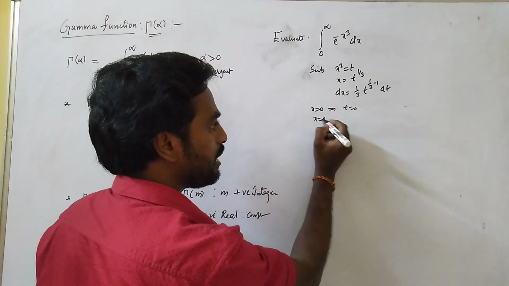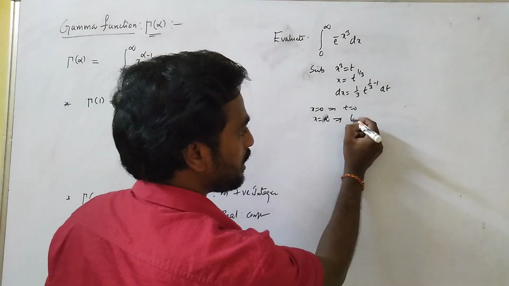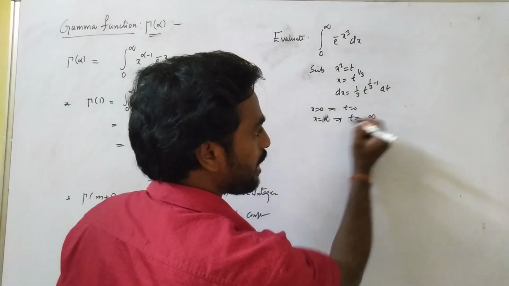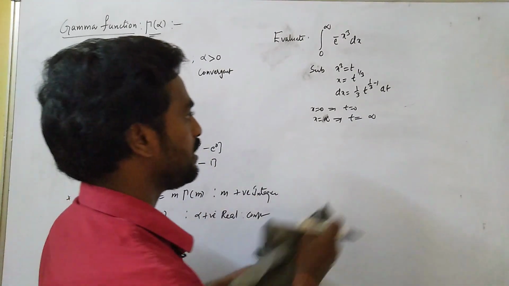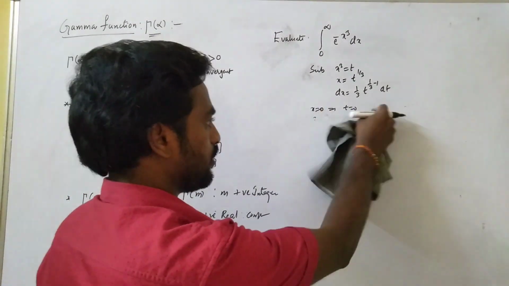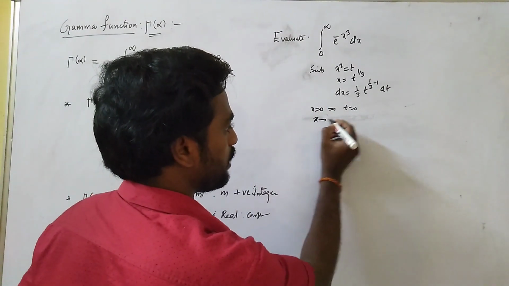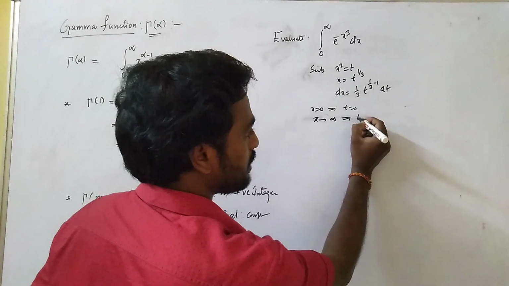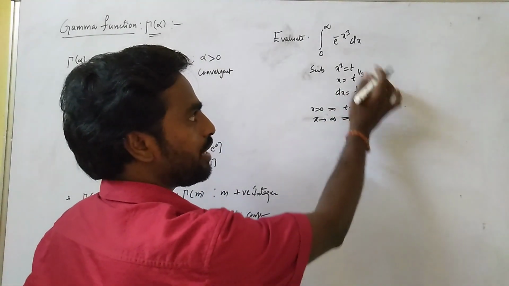Next, when x tends to infinity, t also tends to infinity. Substitute these limits and the new variable values.